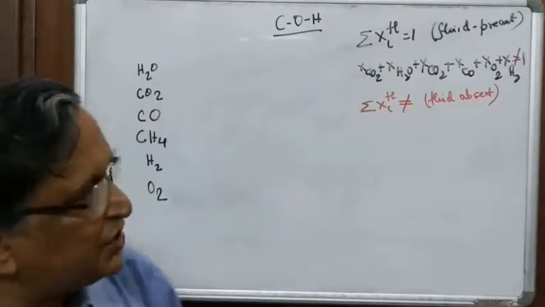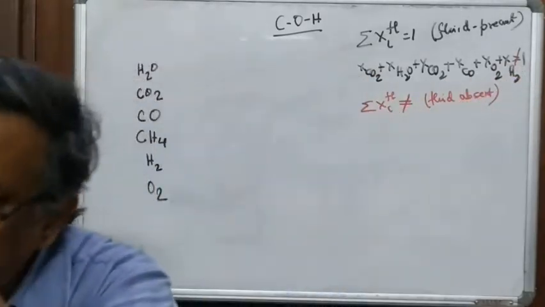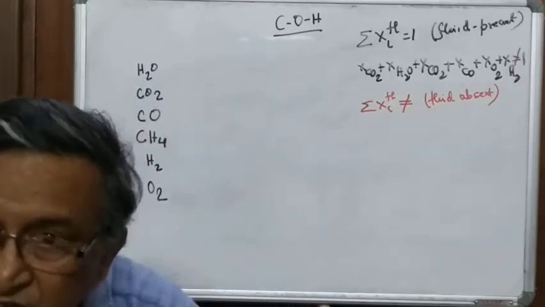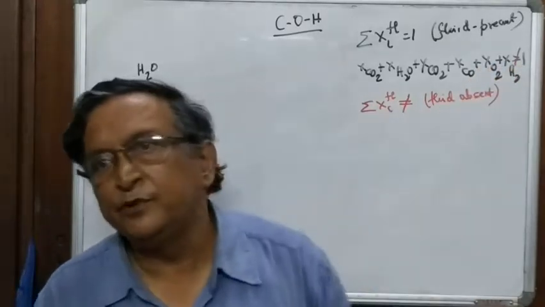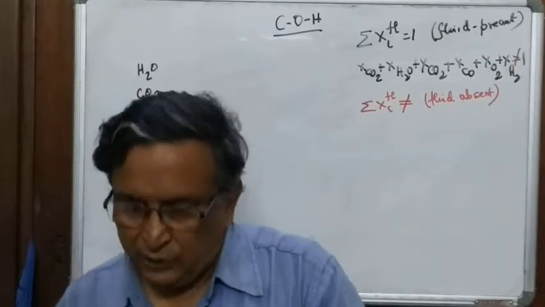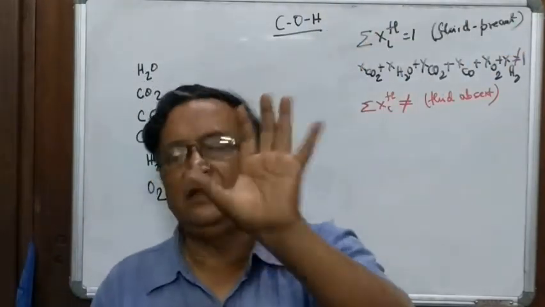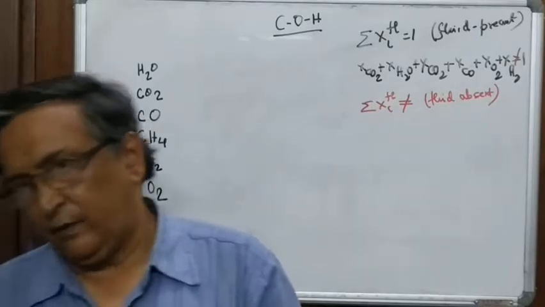The difference is, if these are added up equal to 1, it's an equation. For fluid absent, you lose an equation because they do not add up to 1. So it is a situation where you lose an equation. Fundamentally, this is the most important point, that you lose an equation.